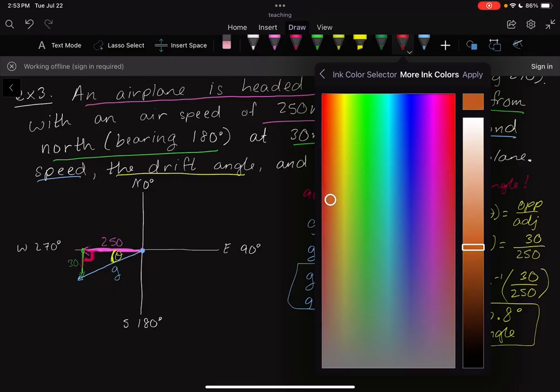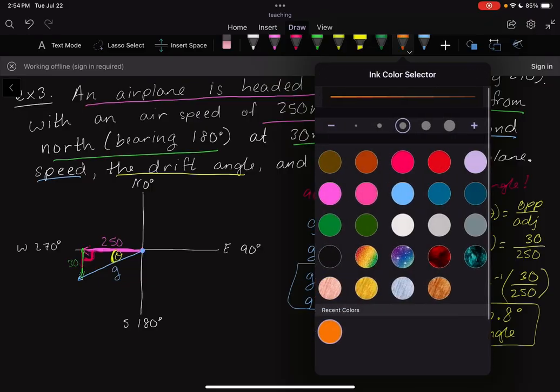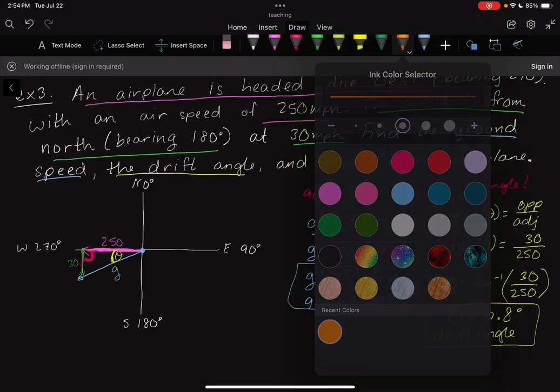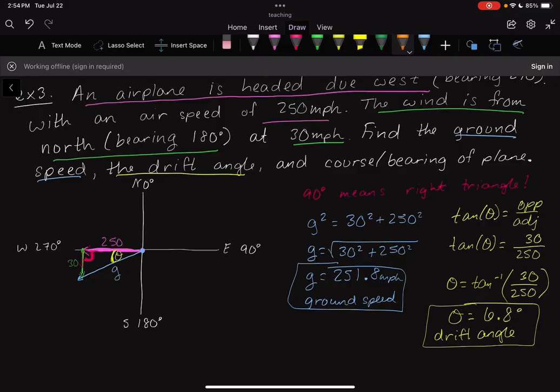I want a cute orange. No, that's an ugly orange. Maybe if I go higher up. I want pumpkin orange, you know? Okay, that's good. It really doesn't matter, but I wanted the color to stand out is all.